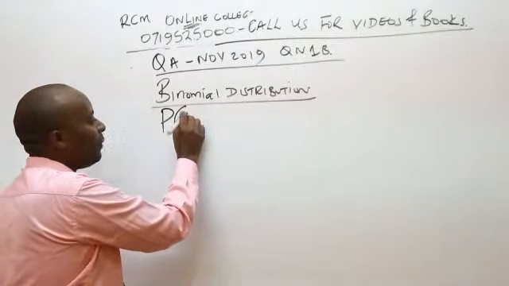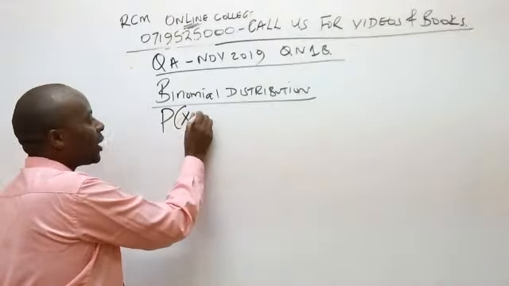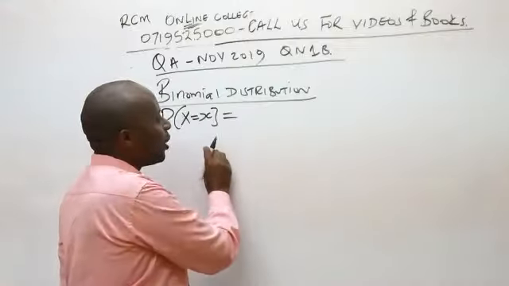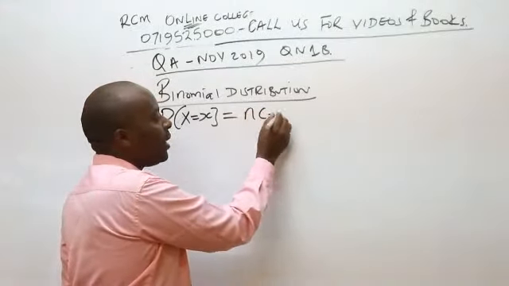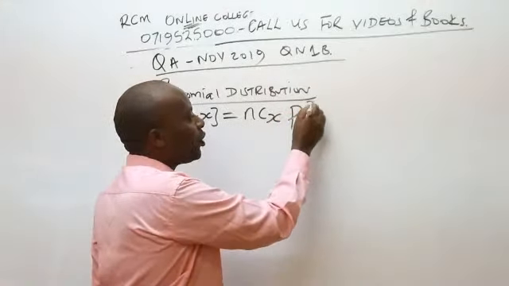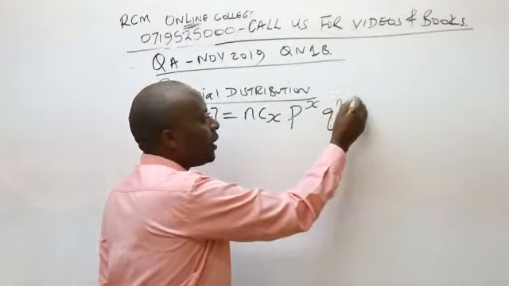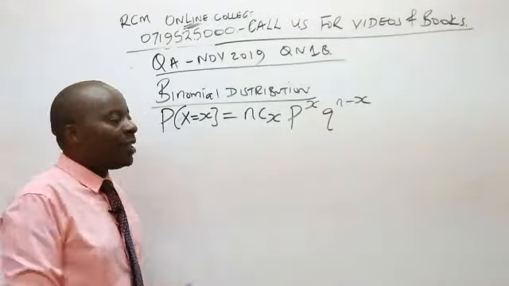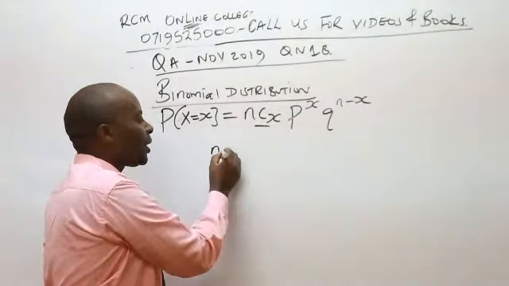And if it's a Bernoulli distribution, if you recall, there is a formula that we have here. Probability of capital X being equal to small x will be equal to n combinations x, p raised to x, q raised to n minus x.